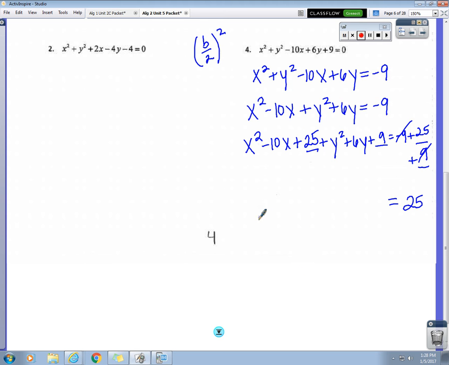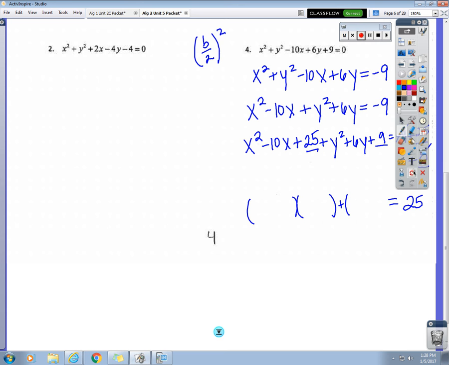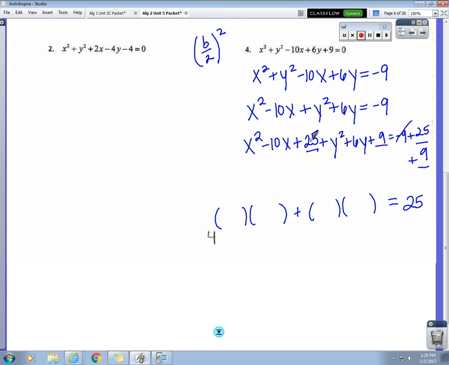On the left side, I have to factor using the bubble method. I need to know 2 numbers that multiply to 25 and add to negative 10. x minus 5 and x minus 5 are the factors.